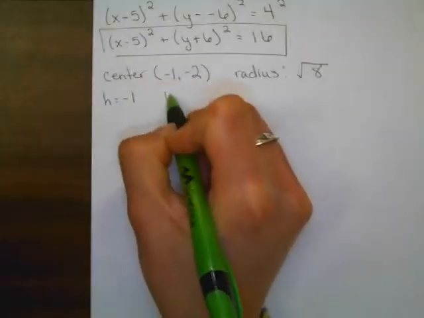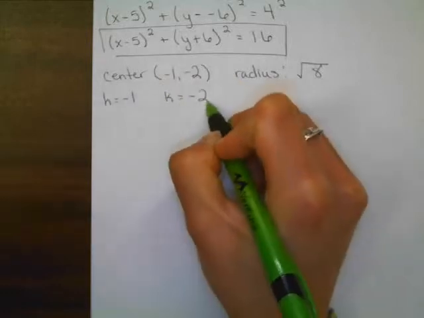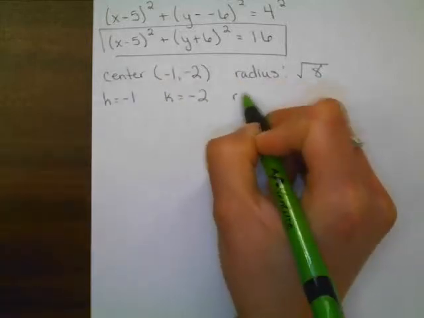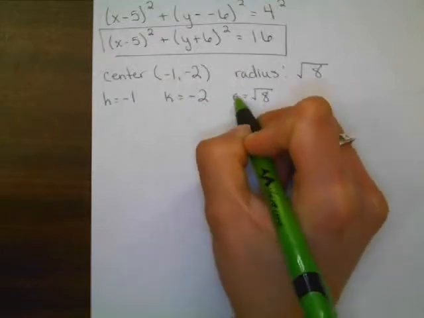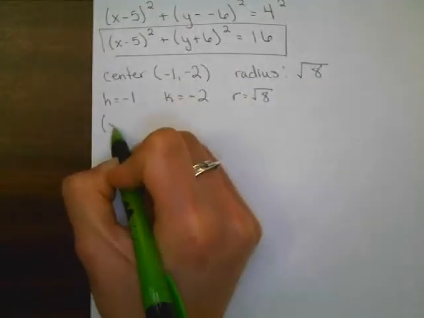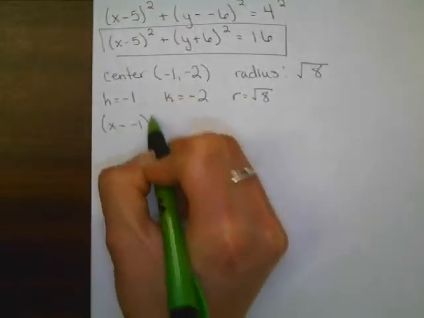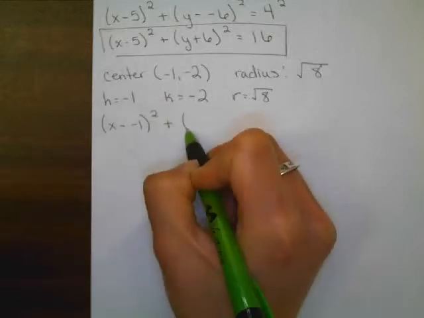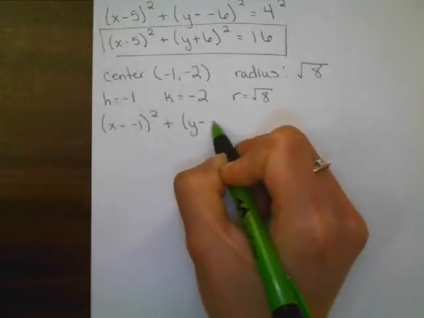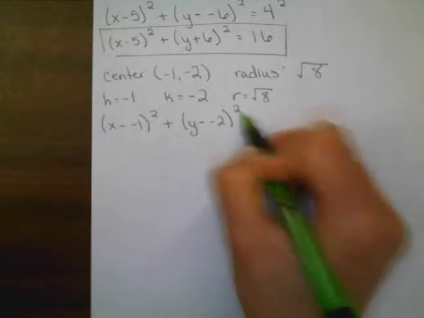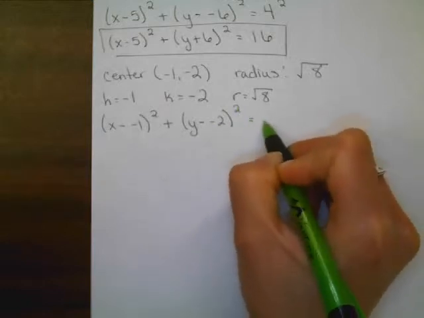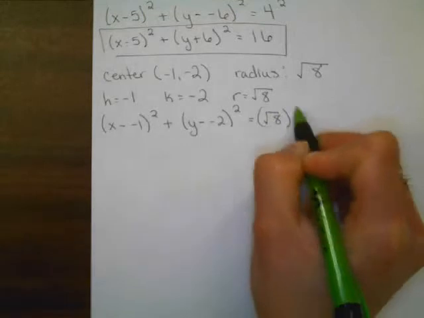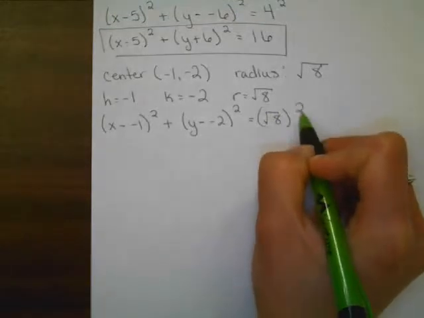Then we have y minus k, where k is -2, and that equals r squared. Well, r is radical 8. So I'll plug it in, x minus h, which is -1 squared, plus y minus k, which is -2 squared, equals r squared, so that's going to be radical 8, all of that squared.